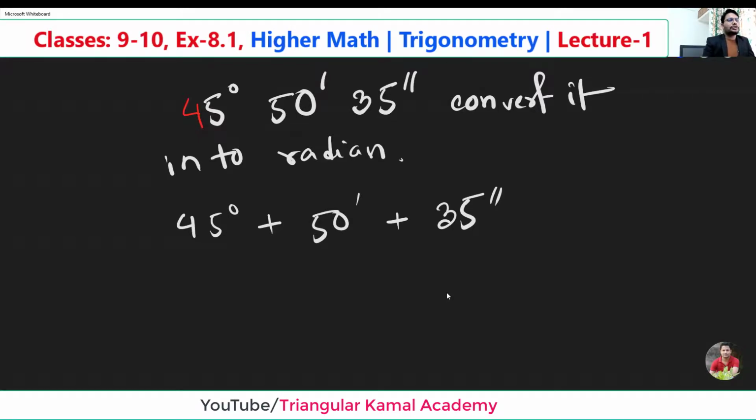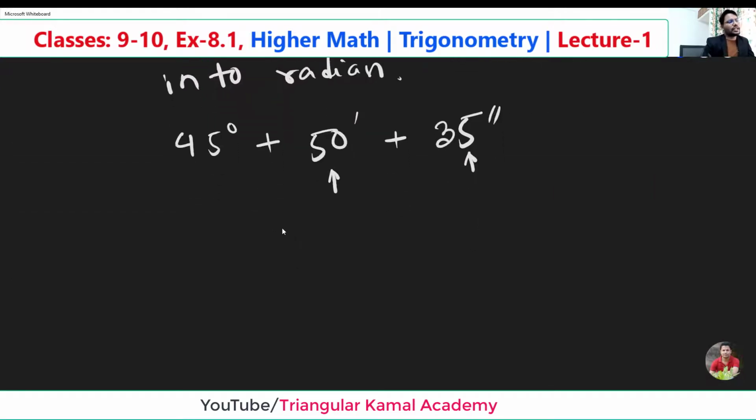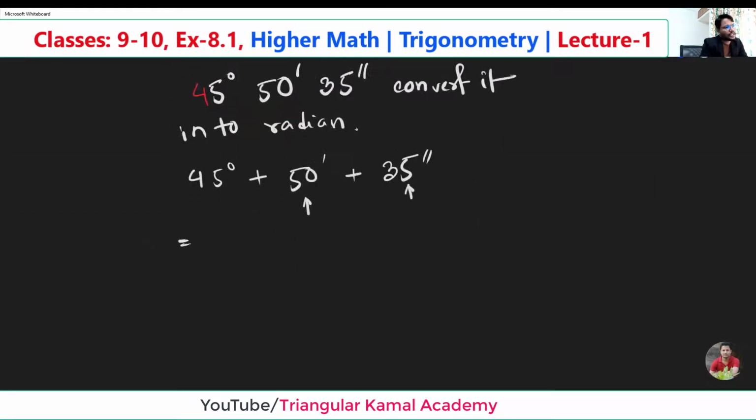Now we know the relation between degree to radian, so that's why we have to convert this minute and second into degrees, because we know the relation between degree to radian, not minute to radian. So first step, we have to convert the whole angle into degrees, then we will convert degrees into radian. Here 45 degrees is already given in degrees, so no need to convert. And here 50 minutes, we have to convert into degrees, smaller one to greater one.